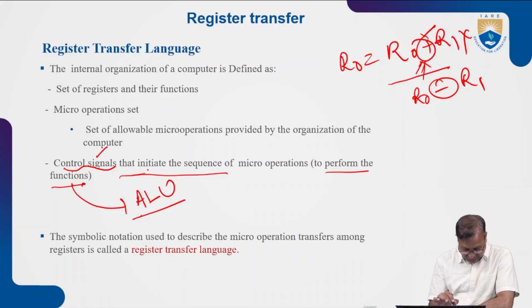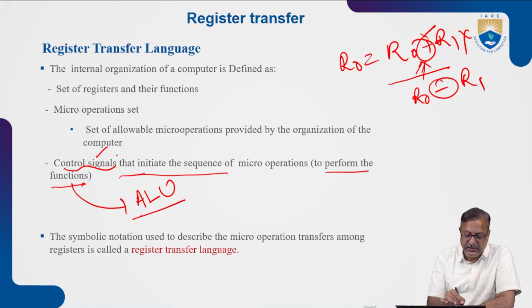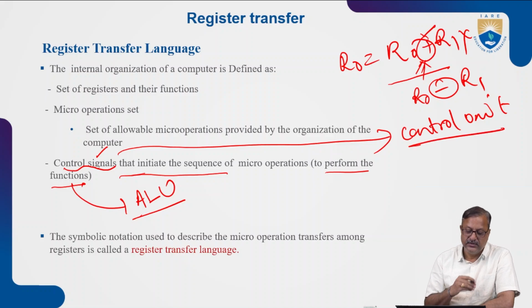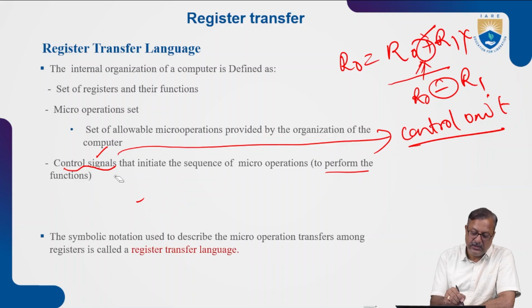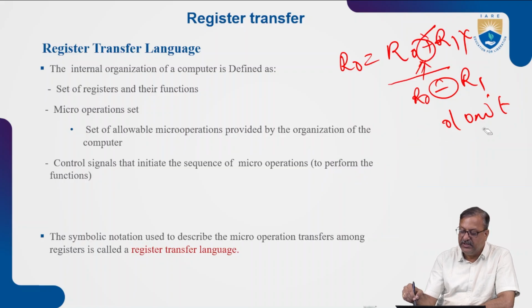Control signals initiate the sequence of micro operations to perform in the ALU, and are controlled by the control unit. The same control function in a digital system we call the control unit. That is the other part of register transfer language that you have to understand in sequence. There are different micro operations, and these micro operations are controlled in sequence by control signals.